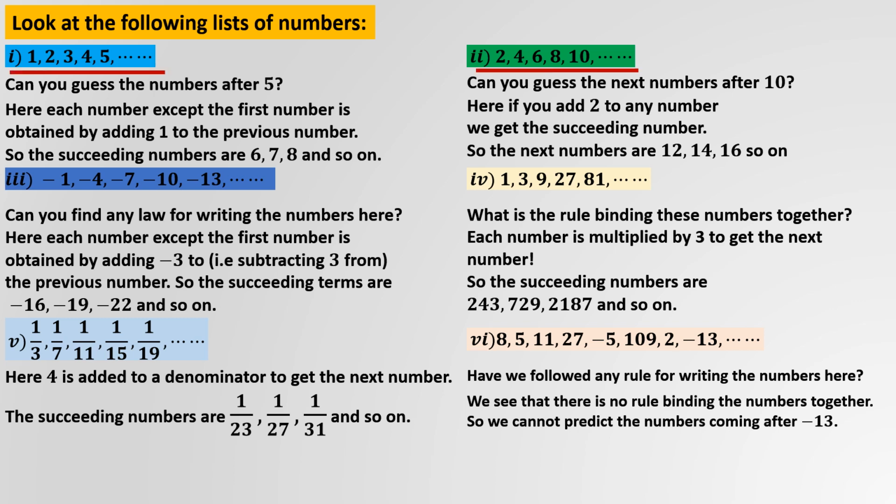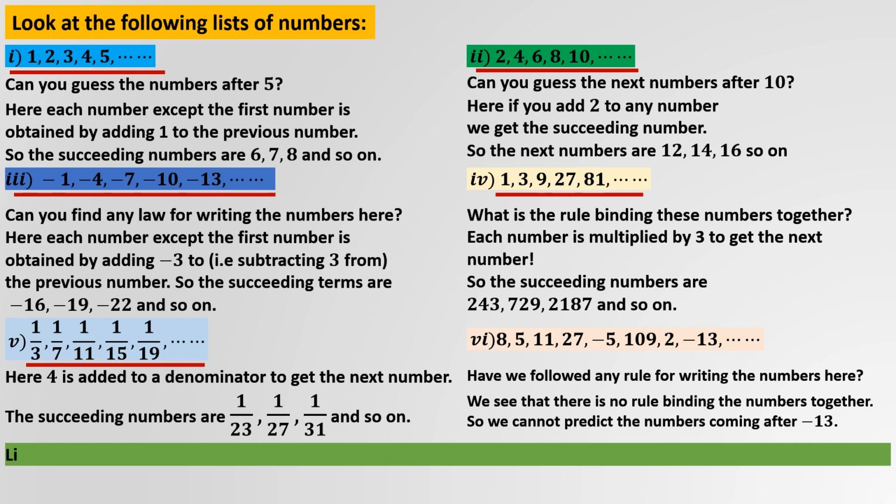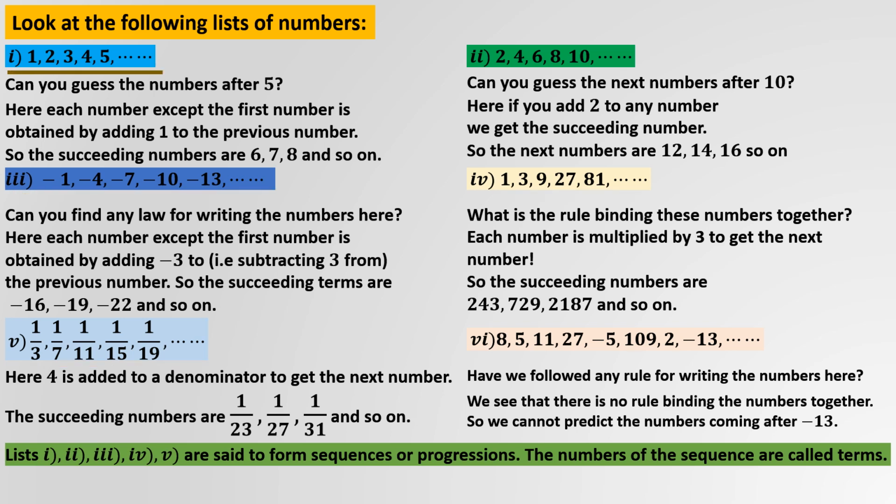Now look at the first list, then the second list, third list, fourth, and fifth. These lists 1, 2, 3, 4, and 5 are said to form sequences or progressions. The numbers of the sequences are called terms.